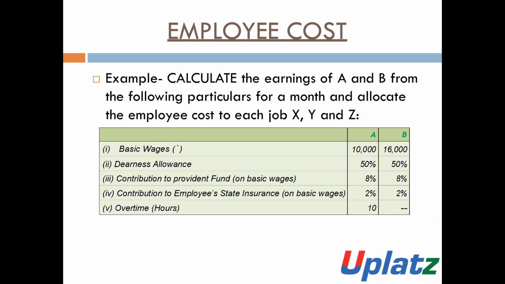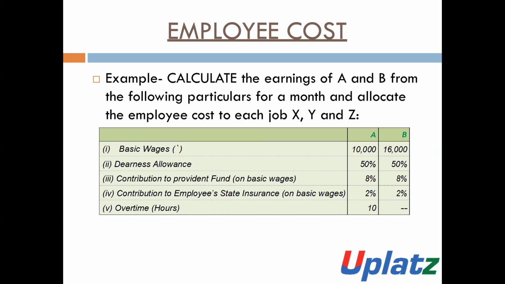On the basis of this example, we will understand how to calculate the earnings of Mr. A and Mr. B from the following particulars for a month, and allocate the employee cost to each job X, Y, and Z. There is a requirement to calculate the total earnings of A and B.